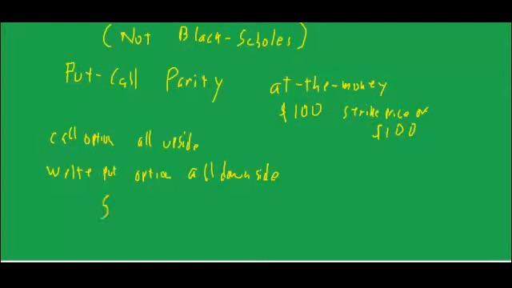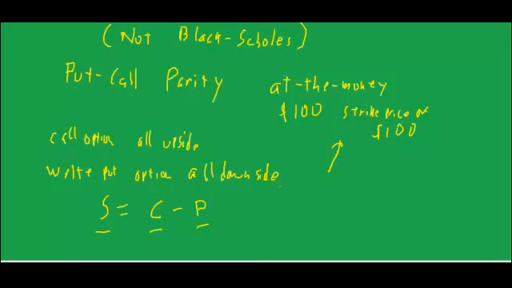So we write, as sort of an algebra, S is equal to C minus P. That means that the value of the stock is equal to the call option value minus the put option value, again using an at-the-money option.